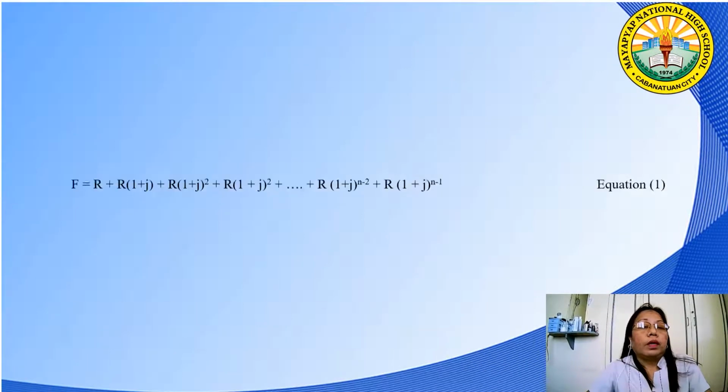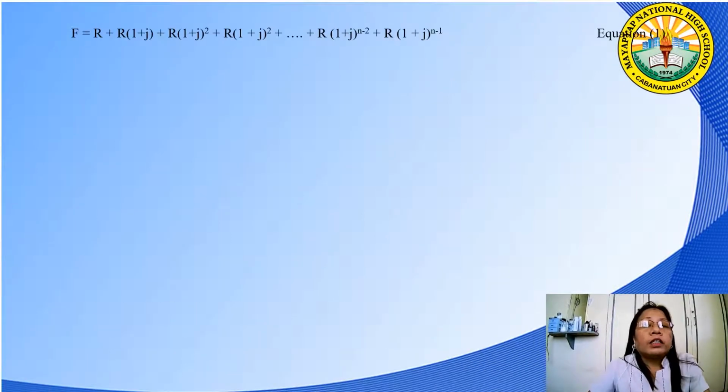From the cash flow time diagram, you find the future value by getting the sum of their regular payment in each month, and you name this equation 1.